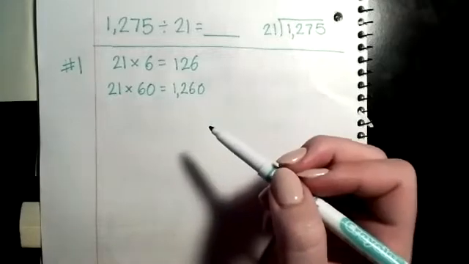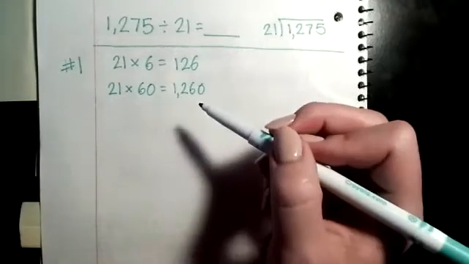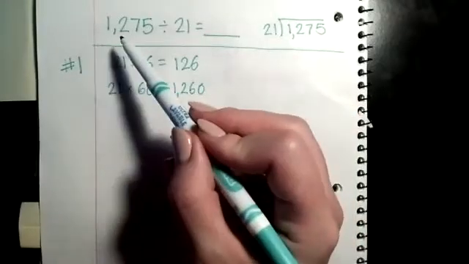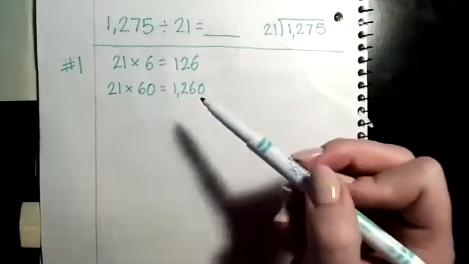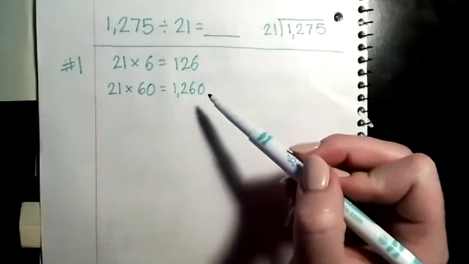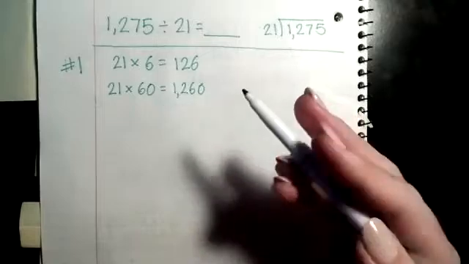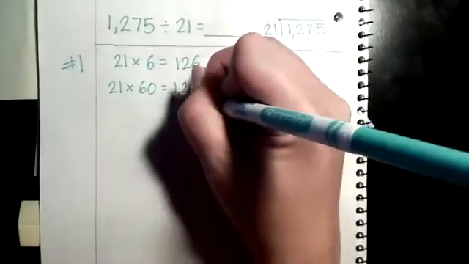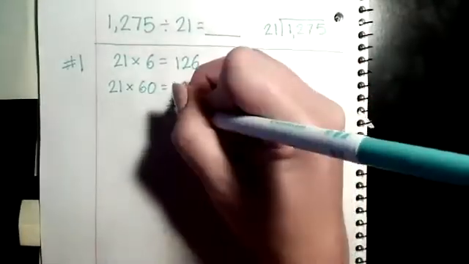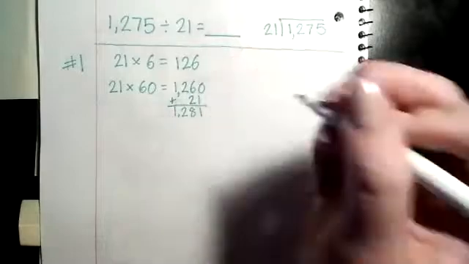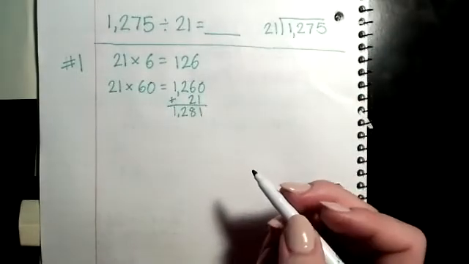Okay, now here's the thing. I'm not at my final answer yet. My problem was 1,275. I'm at 1,260. So I am close, but I'm not quite there. However, if I add another 21 to this, look what happens. Now I'm too big.